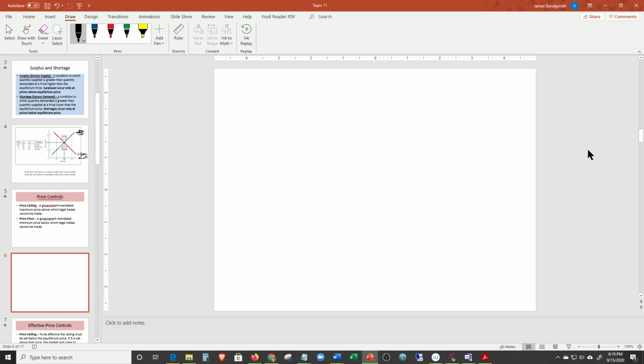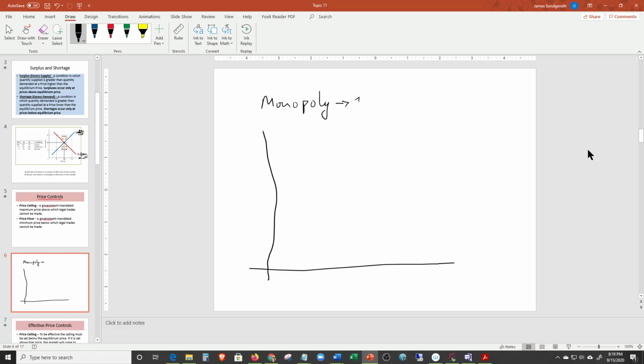Basically, a monopoly means there's only one firm. So if I draw the supply and demand curve for a monopoly, one firm in the industry or market.